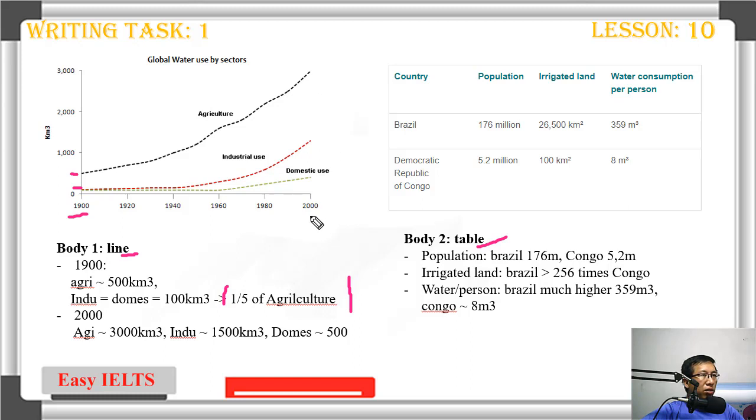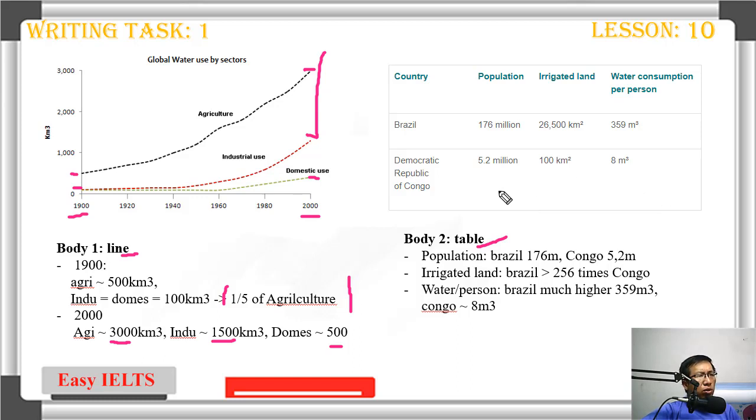So in the year 2000, agriculture 3,000, industrial 1,500, and domestic use 500. Okay, just list out the numbers so that you can use them to write the detailed body.